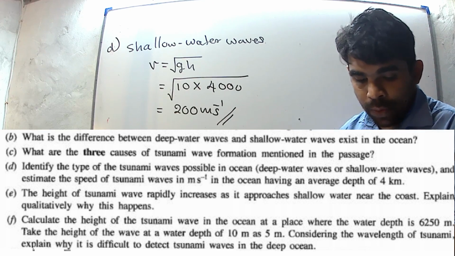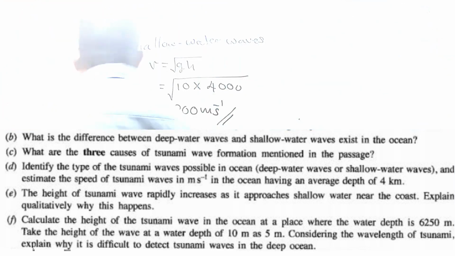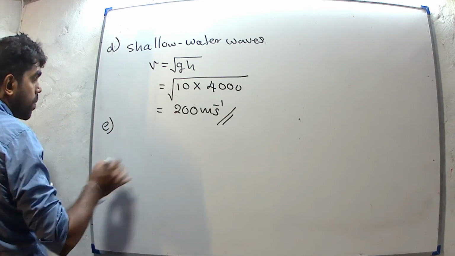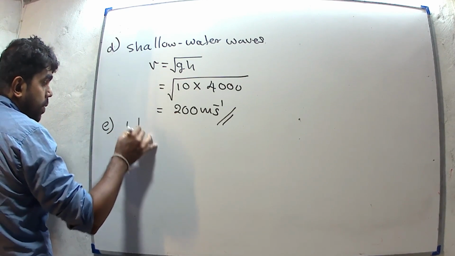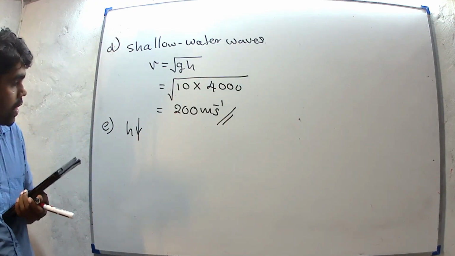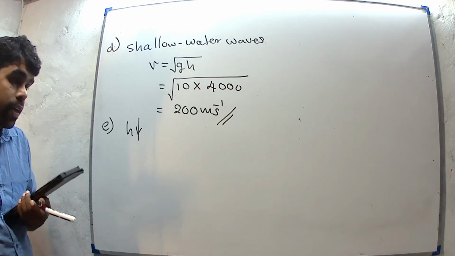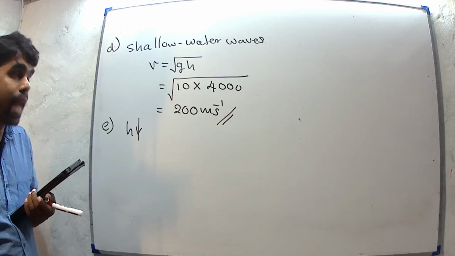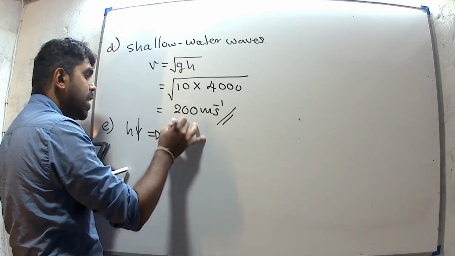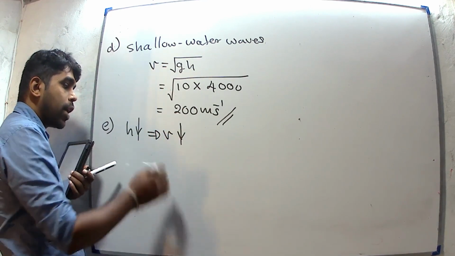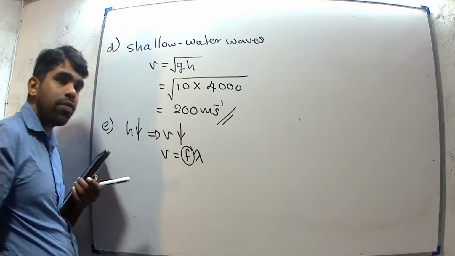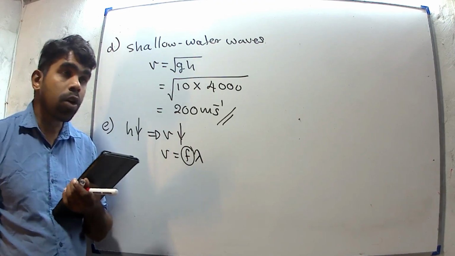When the wave comes to the coast, the depth of the sea is decreasing towards the land. Therefore, according to this equation, v is decreasing. And according to v equals f lambda, we know that frequency is constant for the corresponding wave.